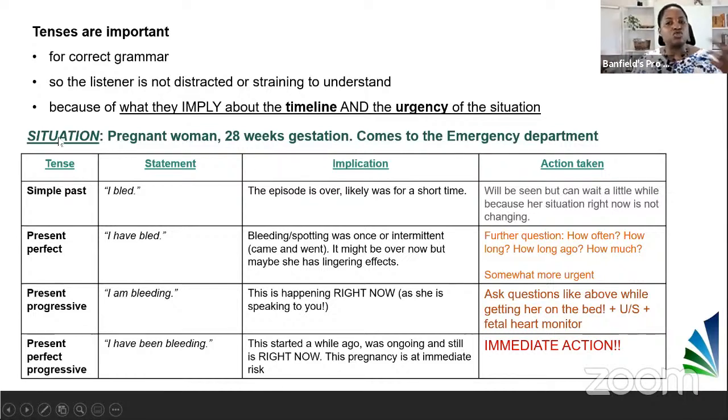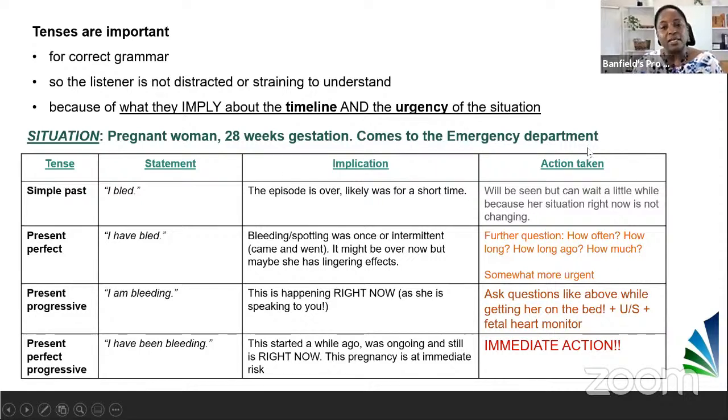So rather than describe it, what I will do is I like to use an example. And the example I like to use is a pregnant woman. She's 28 weeks pregnant, gestation, and she comes to the emergency department. Okay.